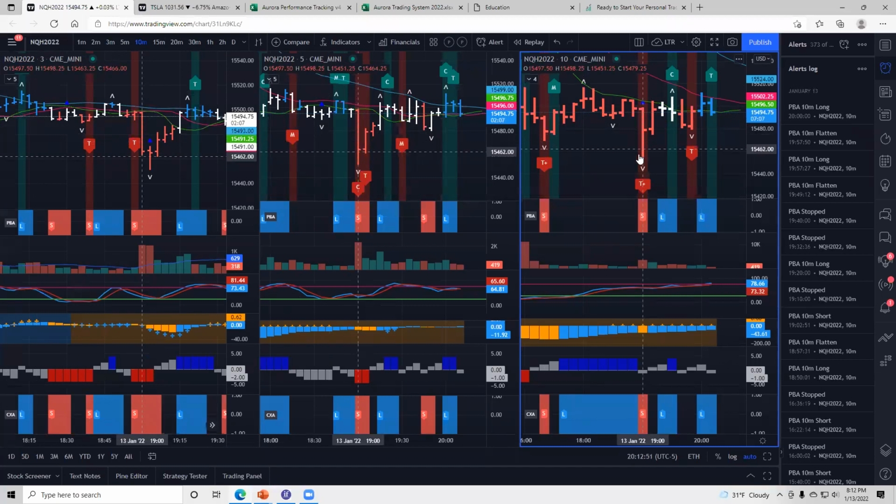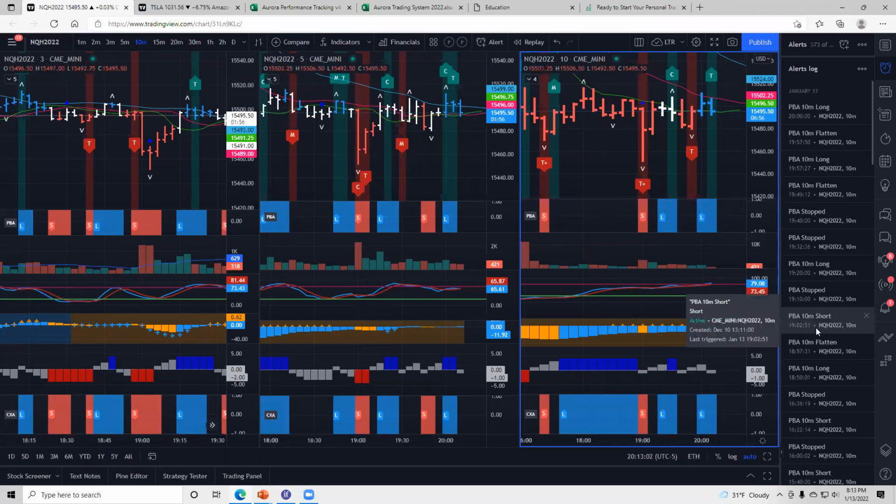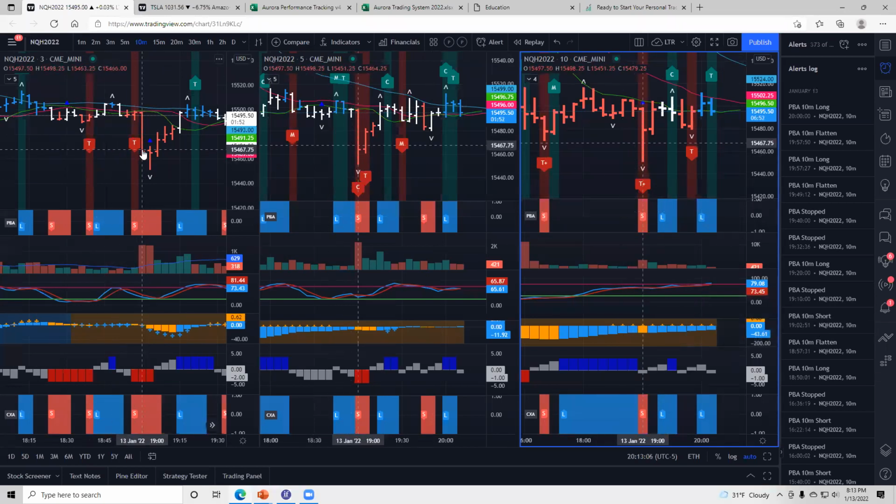So the 1900 bar actually came out at 1902.51. So presented short. It was not the first presentation of a short. So it came out at 1902.51 right there. So your entry was actually 1903 off of the 3-minute bar.